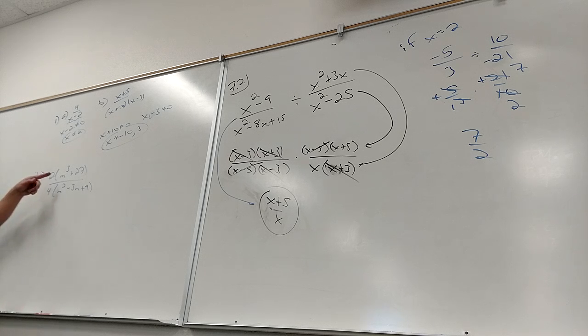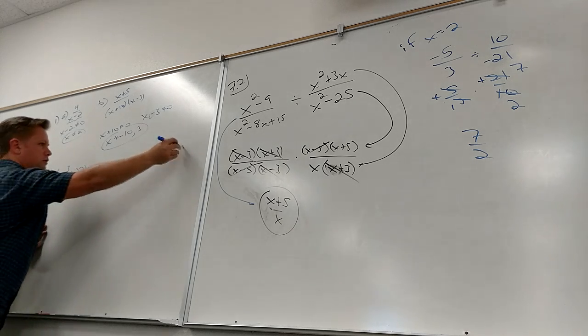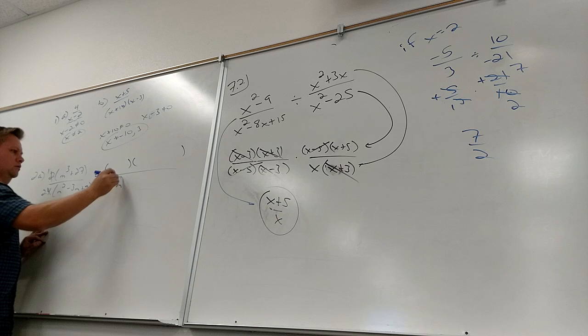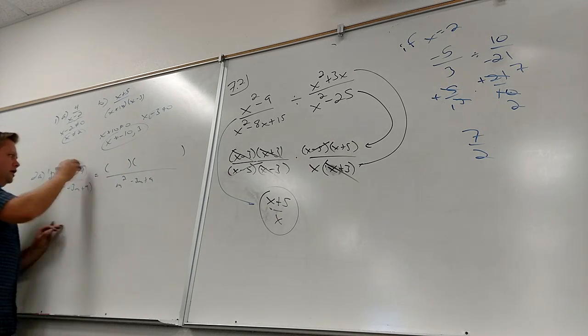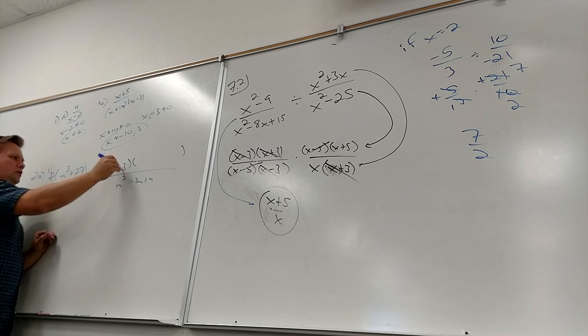So 2A, the very first thing you do top and bottom are GCF. Don't forget GCF. If you're like, I don't know what to do, let's try GCF, because maybe that's in the way. This can reduce, let's go ahead and do that. It'll be M, so M plus 3.